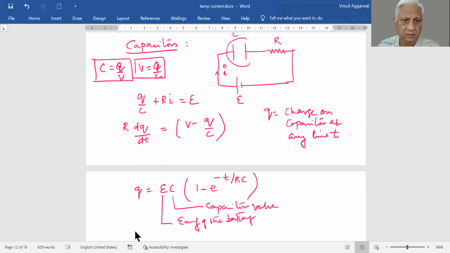I mean, you can write it like this: Q at any time t, which is the same thing as this t, and this is the R. R is the external resistor in the RC circuit. This R is this R, and C is again the capacitance.